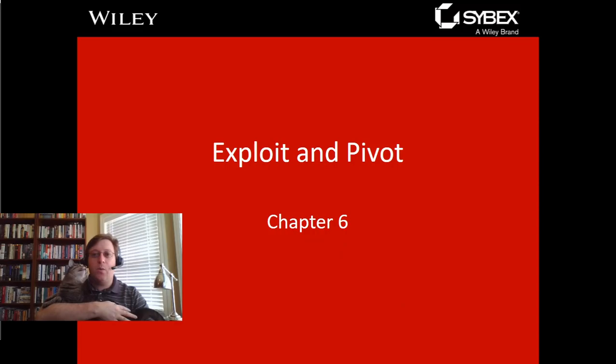And so what we're going to do now is take a look at matching those vulnerabilities with what's termed an exploit. An exploit is how we're going to actually take advantage of those vulnerabilities to give us access to the system. And so there's a couple steps here.